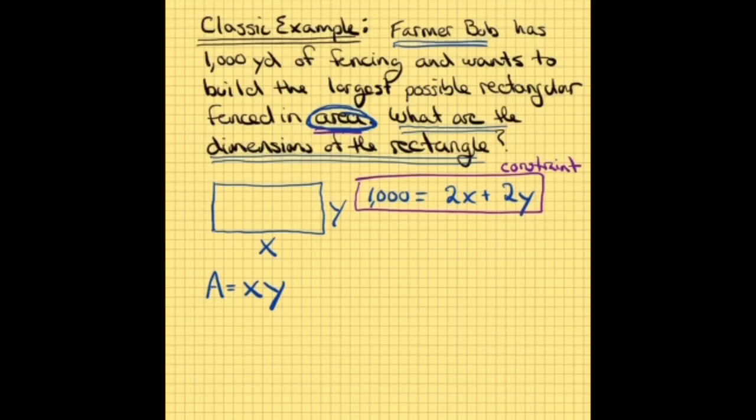Now, one reason the constraint equation is valuable is if you notice over here, our function that we're trying to maximize has two variables. Well, this is single variable calculus. So what I'm going to do is solve for y in the constraint equation. When you go through the algebra, you find that y equals 500 minus x.